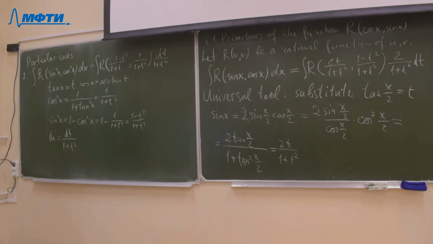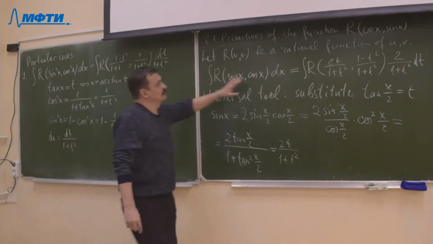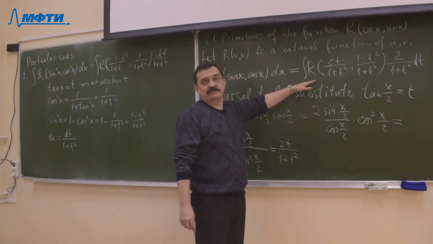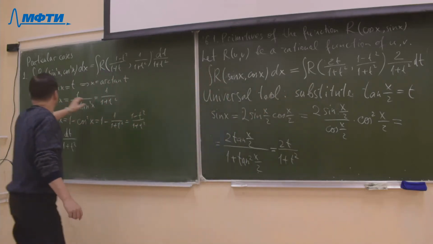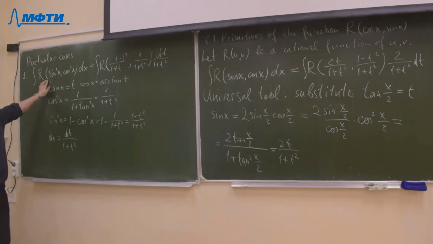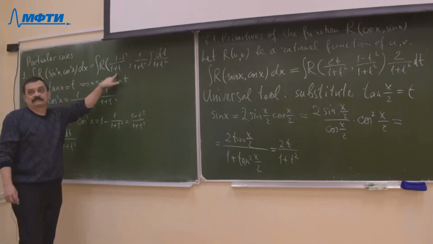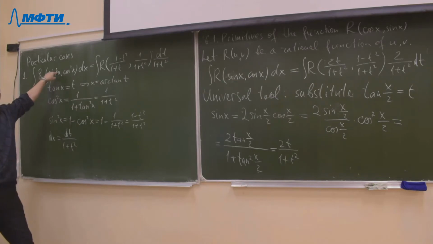From the first glance, it seems practically no difference with this, right? But remember, this rational function is practically of the same degree as that one, because here we had squares, right?